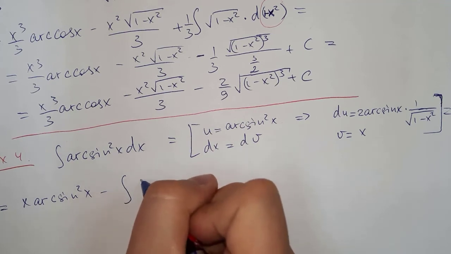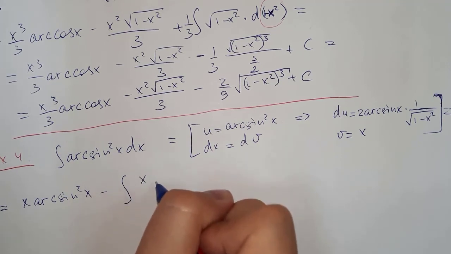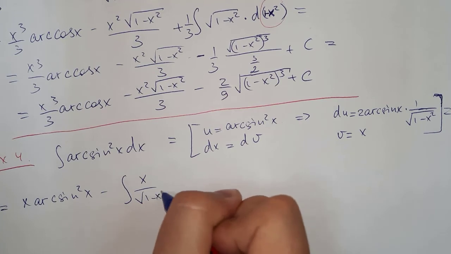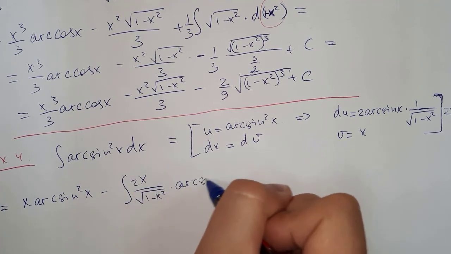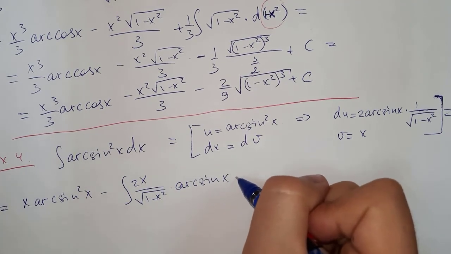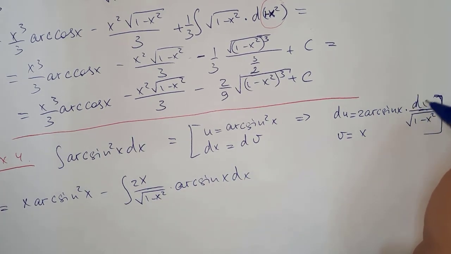So v is x, minus the integral of x over square root of 1 minus x squared times 2 arc sine x dx. Here dx also we have.